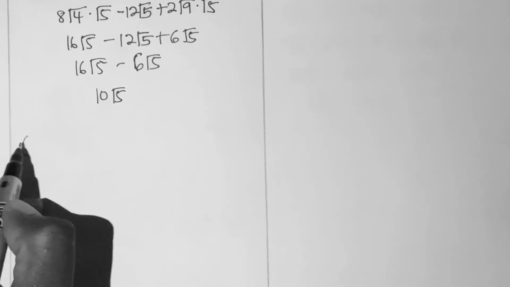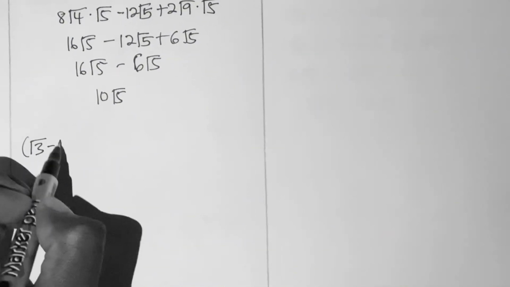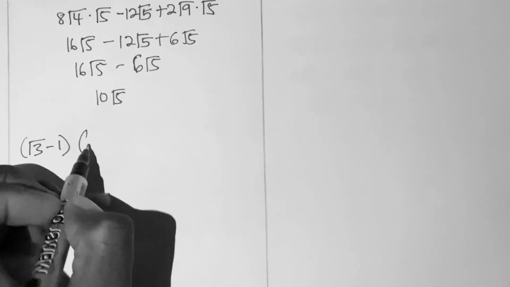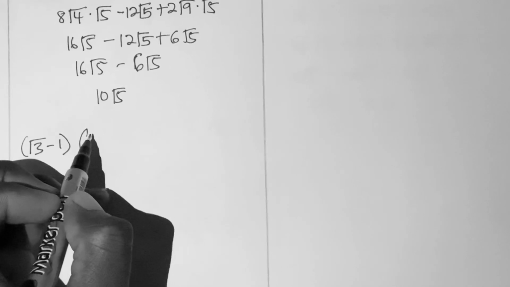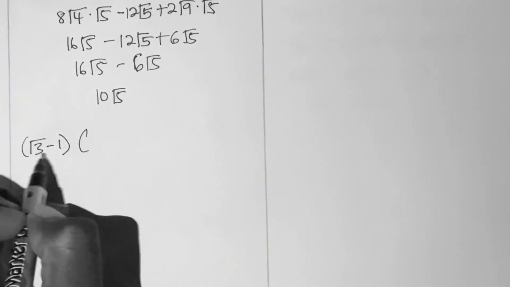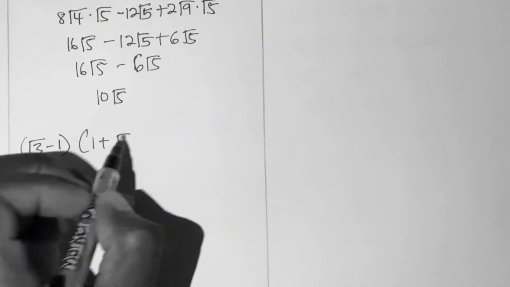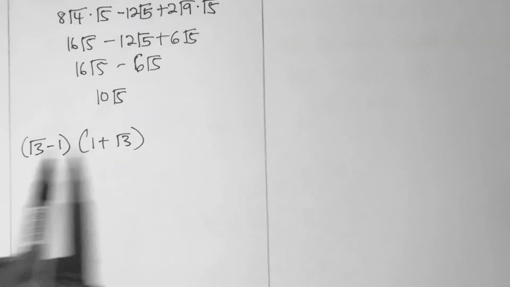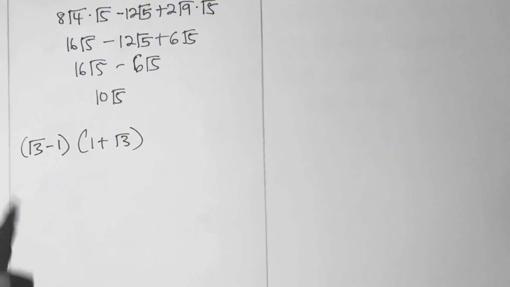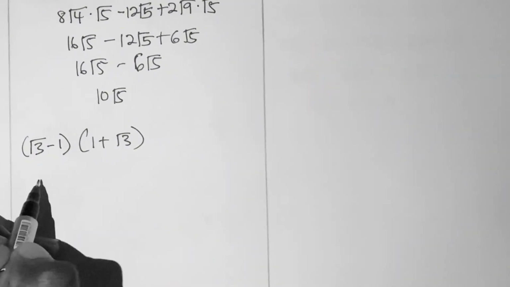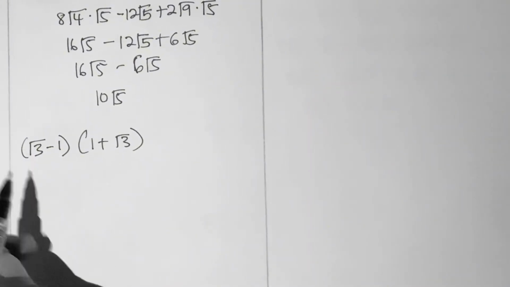So assuming we are given the square root of 3 minus 1, into bracket, square root of 3 minus 1 times 1 plus root 3. How do you simplify this? Remember what we did earlier on in algebra.